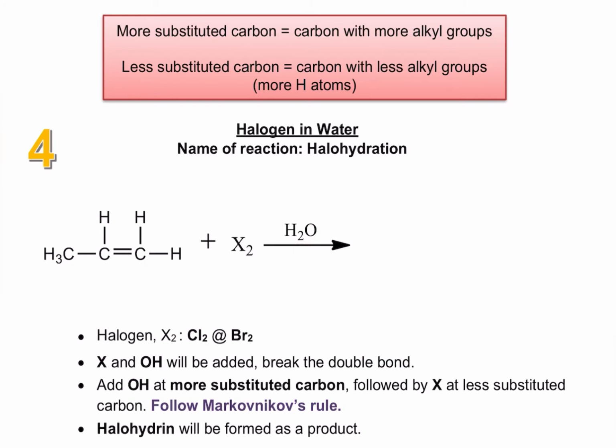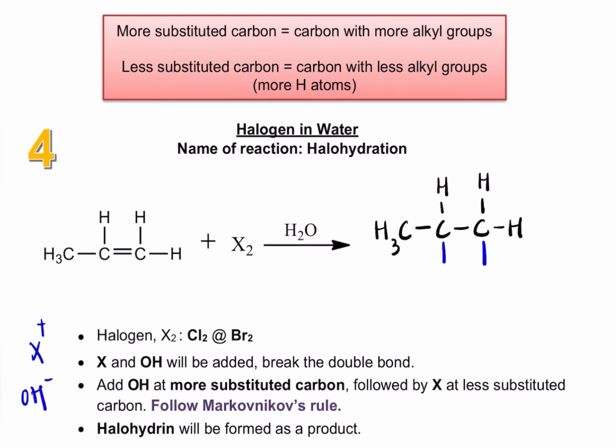So what will happen, you are going to break this double bond because it is an addition reaction. I'm going to copy back my product without the double bond, and from here you have two single bonds, and in this case the atom and group that will be added are X and OH. So we have X plus and OH minus.